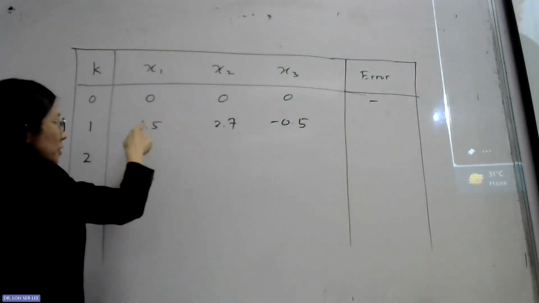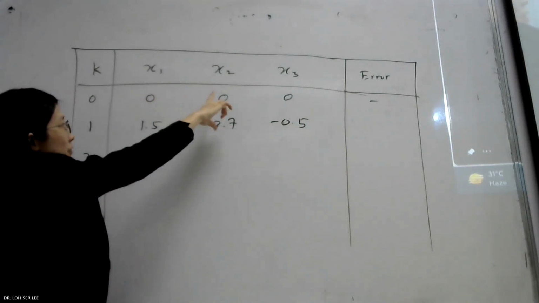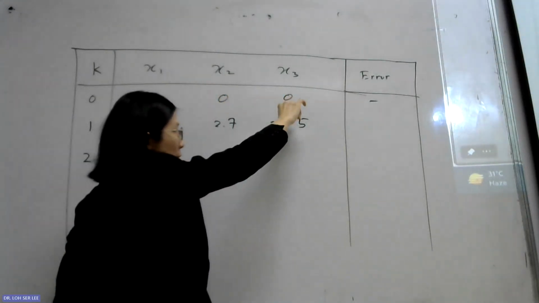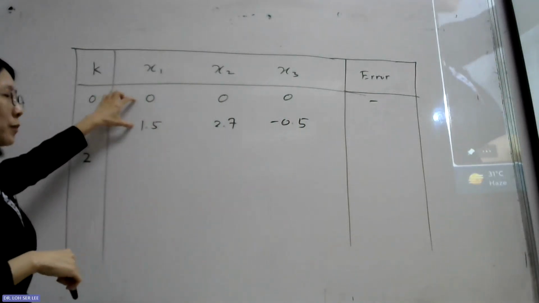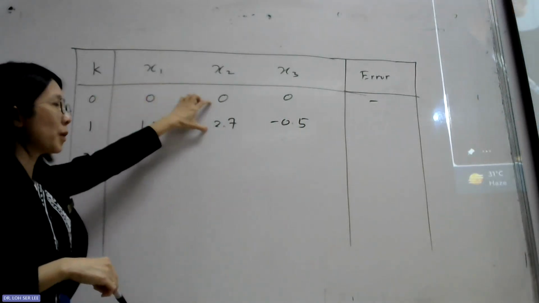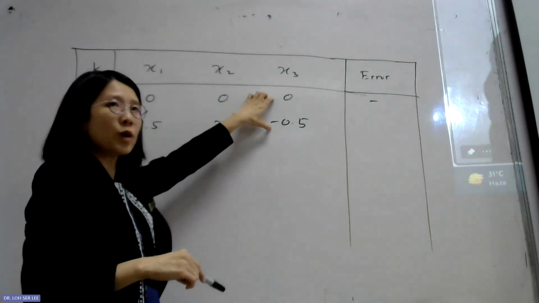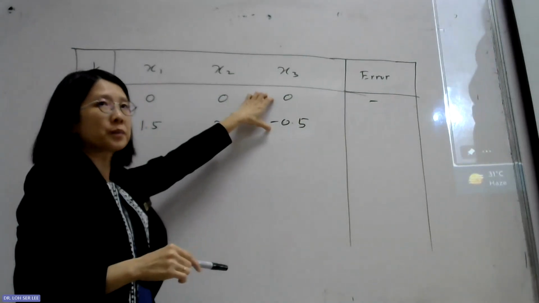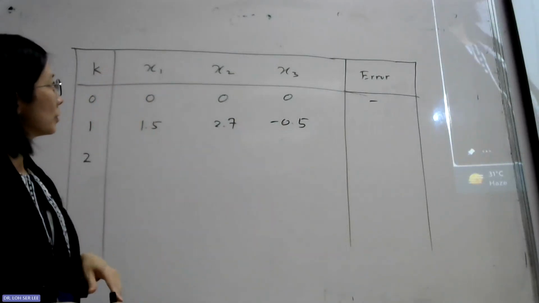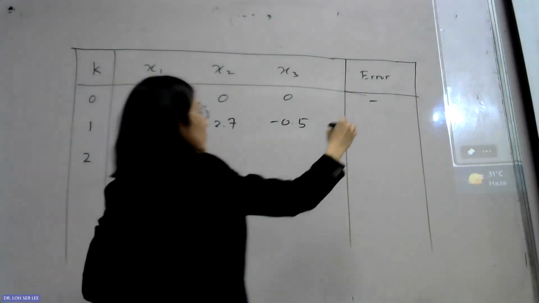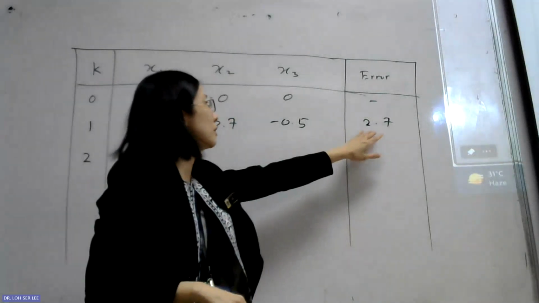We will find the difference between these two, in modulus. So the difference is 1.5, 2.7, 0.5. Which one is the largest one? 2.7, right? The largest one, you put it here.